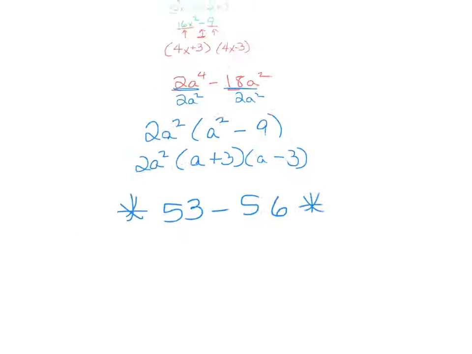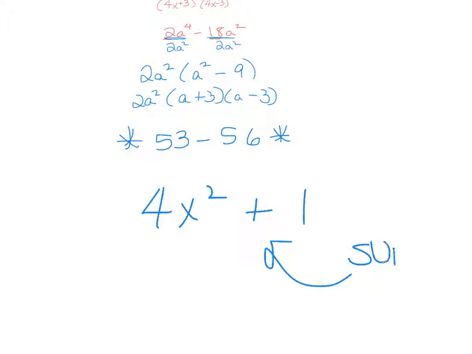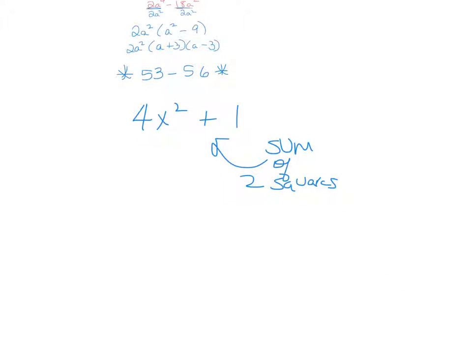Now, also remember that if you get a question like this, 4x squared plus 1, there is no such thing as the sum of two squares. This can't be factored. However, let's say I get something like 16x squared plus 100.